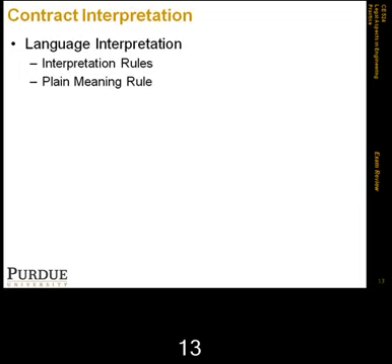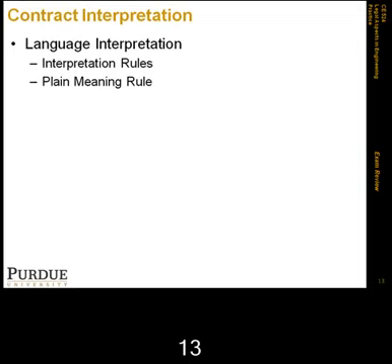The judge there has to first determine if the words used had a plain meaning. If the plain meaning does exist and is applicable to this case, the judge cannot go beyond the document to determine what the party's intentions are. So if there's a plain meaning of the terms of the contract, the judge cannot go beyond that and explain or interpret it any further.